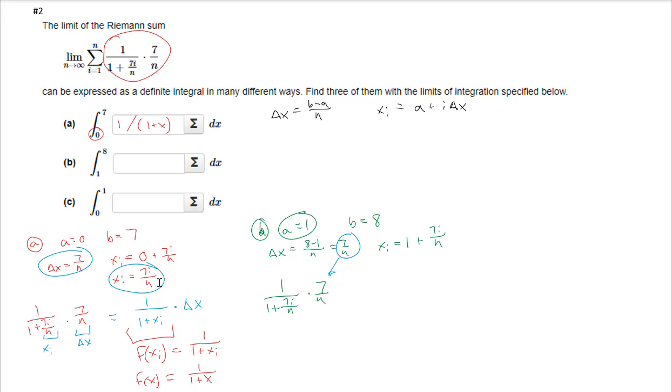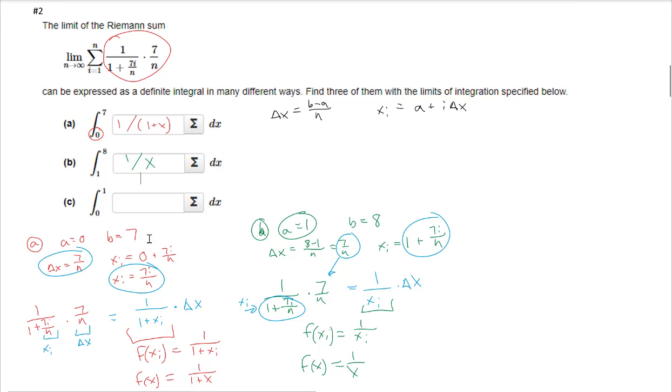And my 1 plus 7i over n, the whole bottom there, is my x sub i. So I get 1 over x sub i times delta x. This thing right there is my f of x sub i, so that's 1 over x sub i. And that tells me that my function here is 1 over x.